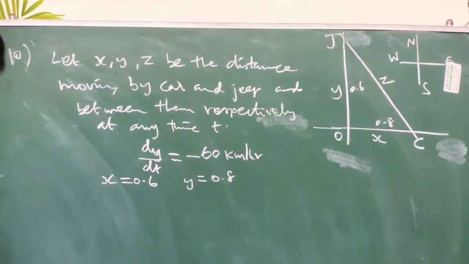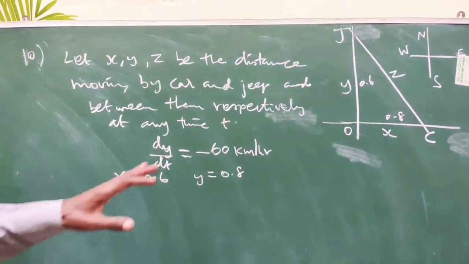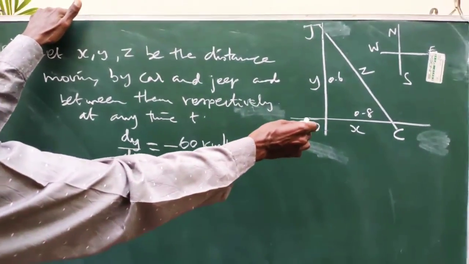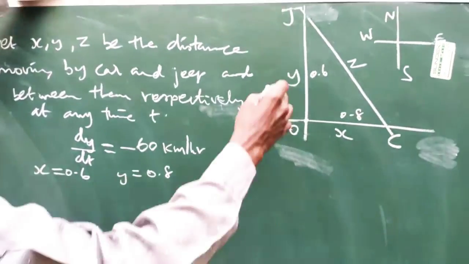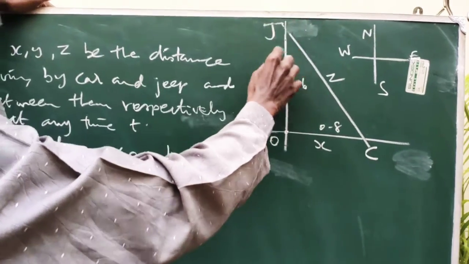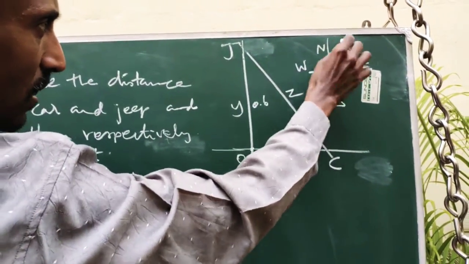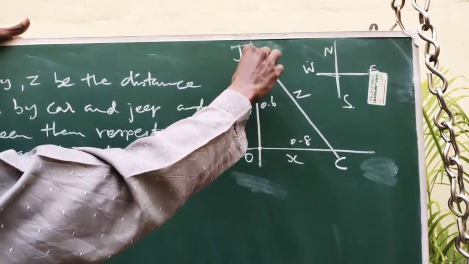So my dear student, first draw the diagram for that one. So listen, this is the orthogonal intersection. Orthogonal means perpendicular. So the jeep is traveling from the north. First look at the direction: north, east, west, south. From the north it is chasing.